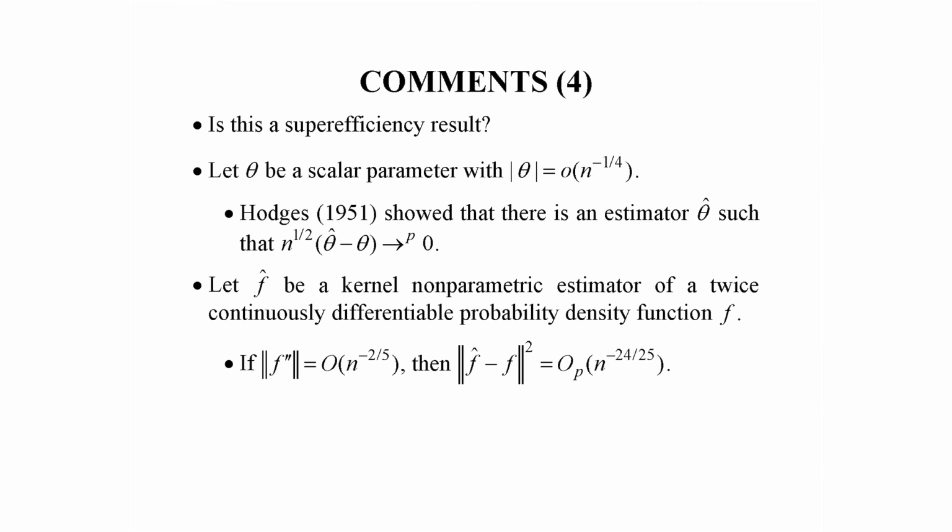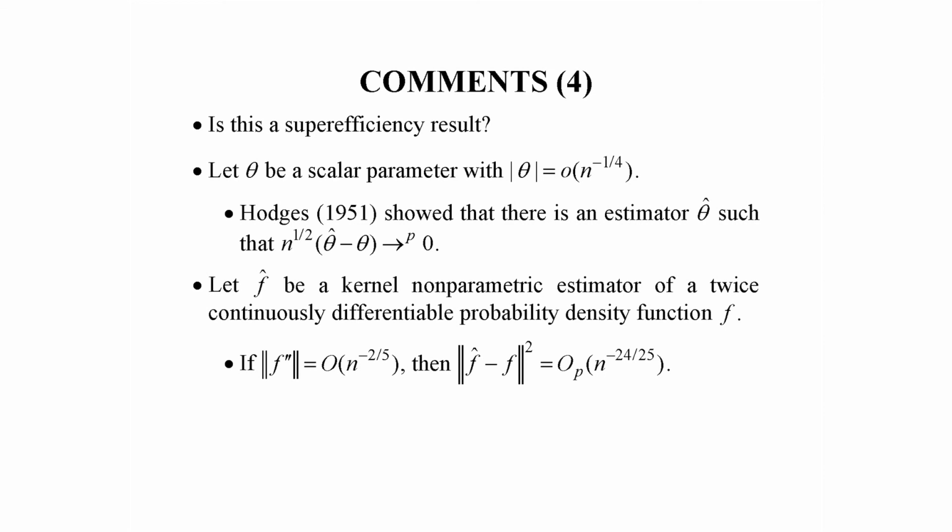You also get super efficiency if you have, say, a non-parametric kernel density estimator that's twice continuously differentiable. If the second derivative is in a neighborhood of 0, so bigger than n to the minus a fifth, then you get almost a root n rate of convergence on the density estimator. So these kinds of super efficiency results have been known for 65 years.